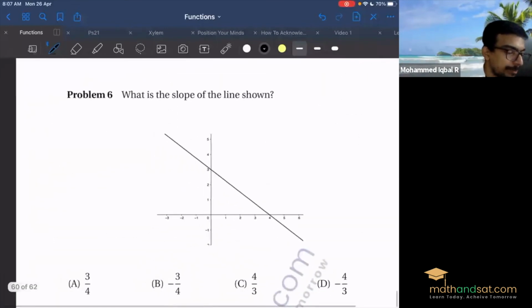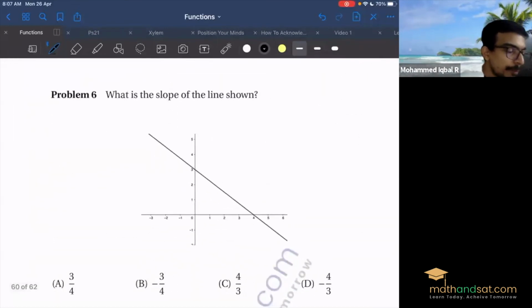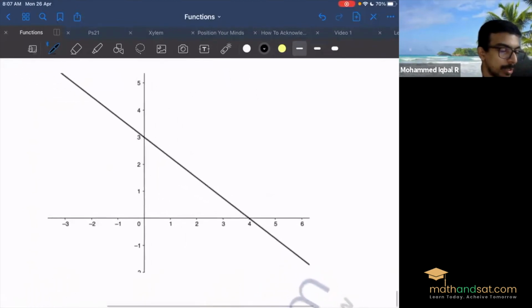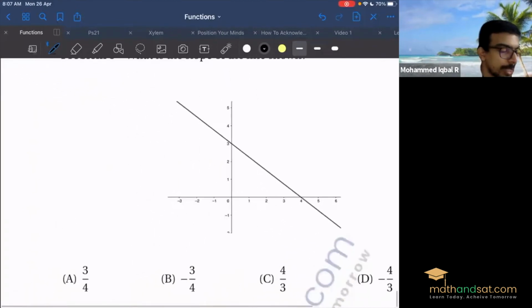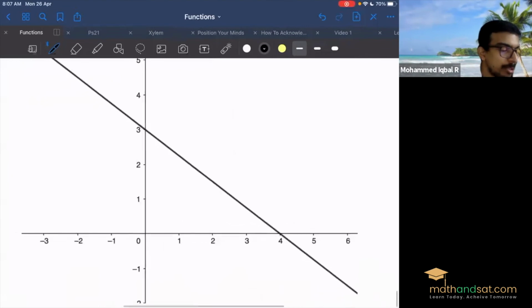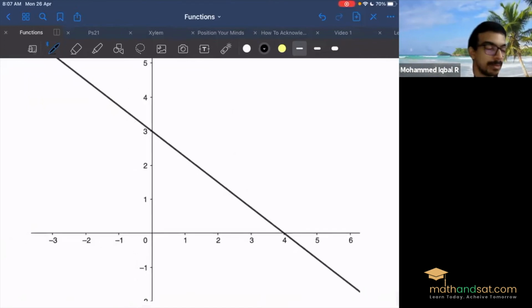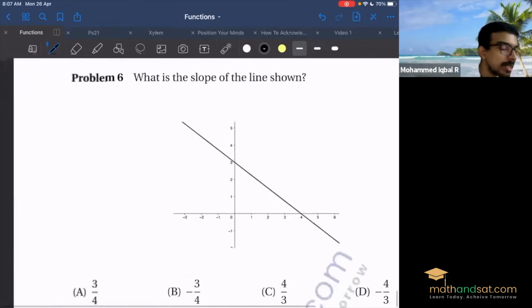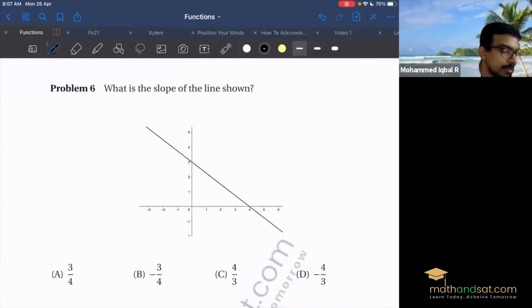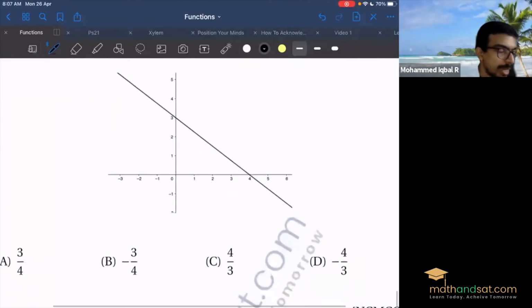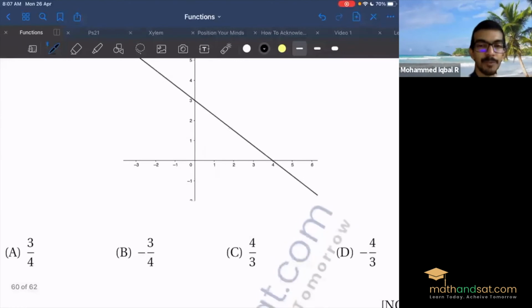Next question. What is the slope of the line shown? Can you please tell me what will be the slope of this line? If you make a small mistake, your answer will go wrong because you have all the combinations with negatives and positives, 3 and 4.